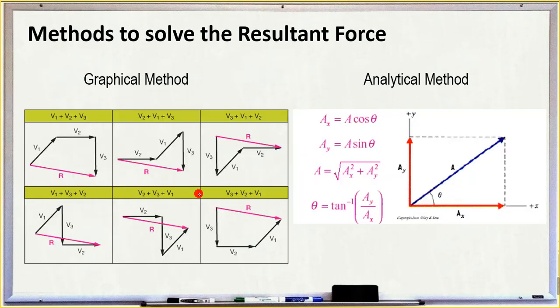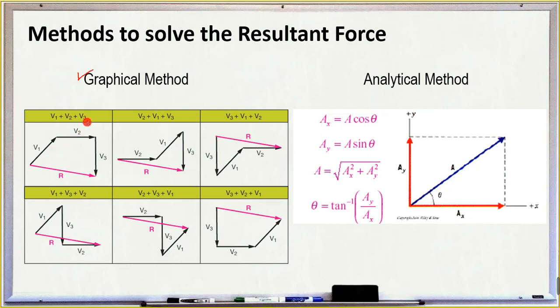So, methods to solve the resultant force. This is a review from your physics subject. We have these two common methods. On the left, we have the graphical method. As you notice, we have here a table showing the different vectors represented by V, with different magnitudes and directions.